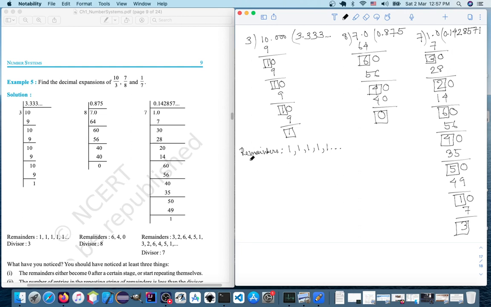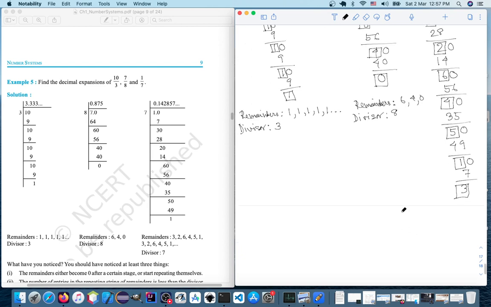And the divisor was 3 over here. For this, the long division method came to an end, and the final remainder was 0. So remainders were 6, 4, 0, and the divisor was 8.